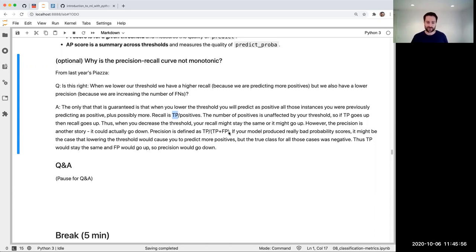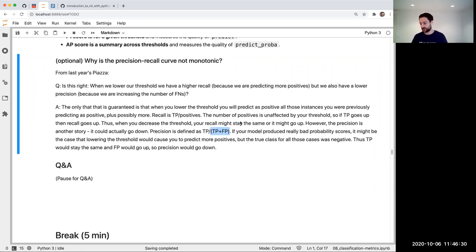The reason why precision can go down is the denominator is the number of predicted positives. That denominator can actually go up when you lower your threshold, but the numerator might stay the same. So if you lowered the threshold and you now predicted way more positives, but all of those were actually negative because your probability scores were not very good, then your precision is actually going to go down, because you started predicting more positives, but those were all wrong.